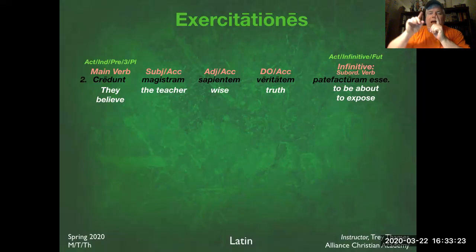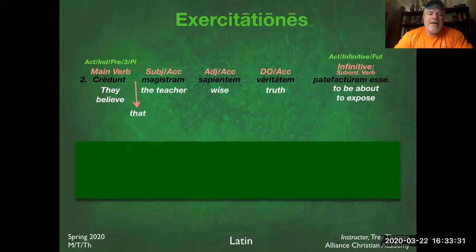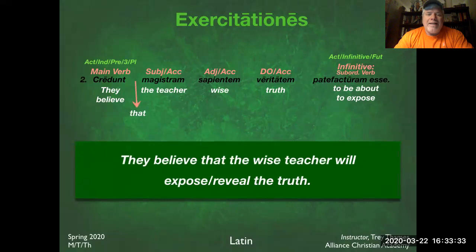That means the action of the infinitive is happening after the main verb. So let's look at it. They believe, if we add the word that, they believe that the wise teacher, the magistrum sapientem, will expose or reveal the truth. Direct object for the infinitive is veritatem, the truth. They believe that the wise teacher will expose or reveal the truth.